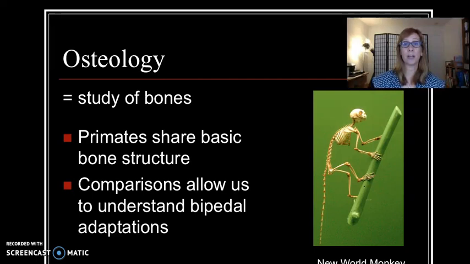In particular, movement, right? So certain types of bone structure and placement, how long limbs are in relationship to one another, for instance, where the spine fits into the base of the skull. All of these things have to do with locomotion or movement, right?